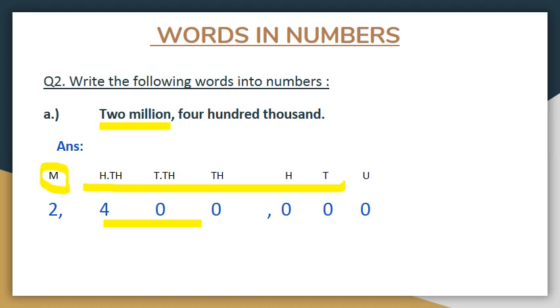So 4 is in the 100,000 place and 0 is in the 10,000 and thousands place. Lastly, we don't have any number in the last group, which is HTU, hundreds, tens, units. So we would write 0 there. After completing a number, don't forget to place the commas after every 3 digits from the right hand side of the number.